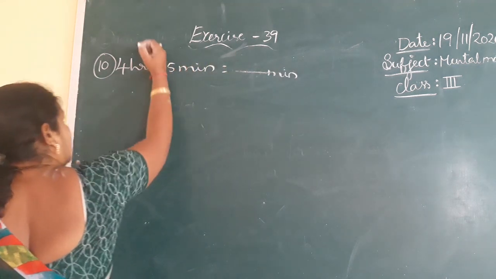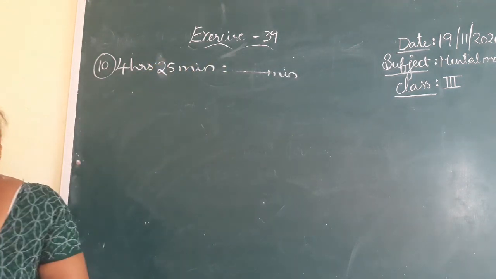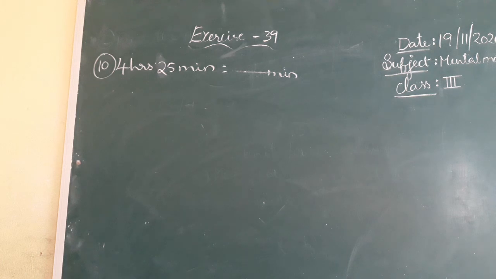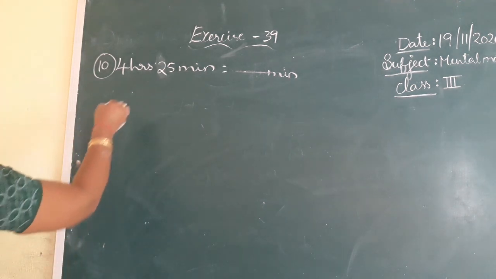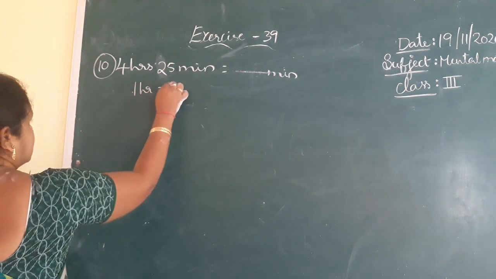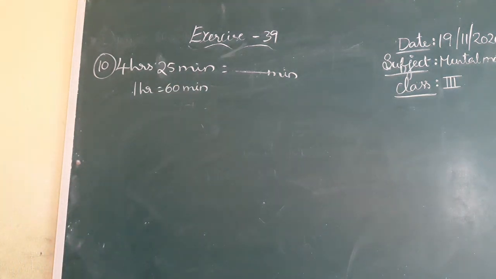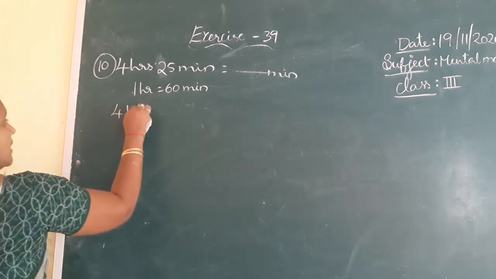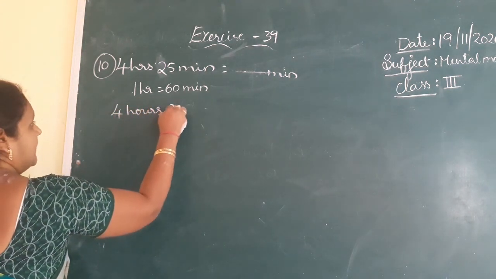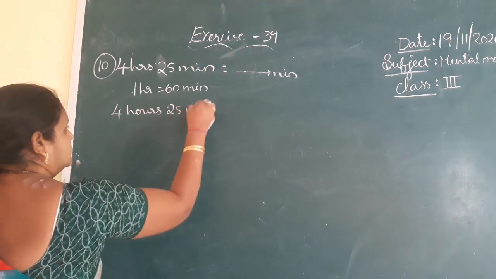First you should know what is 1 hour. 1 hour contains how many minutes, children? 60 minutes. 1 hour contains 60 minutes. So here the question is about 4 hours 25 minutes.